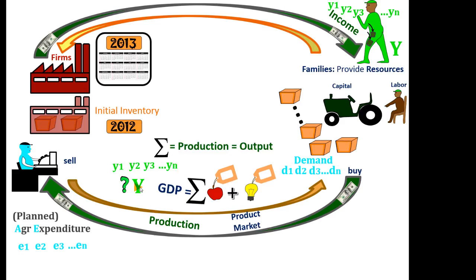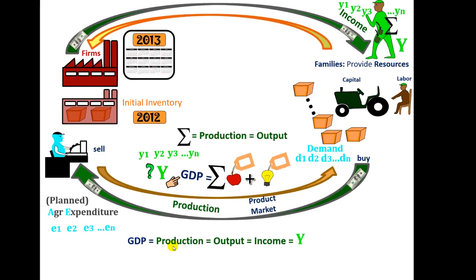So Y, as we said before, is production, or the word output, which is exactly the same as production, or GDP, which is exactly the sum of these values. So we have GDP equal to production equal to output equal to income, or equal to Y. So we are going to use any of these terms as synonyms.